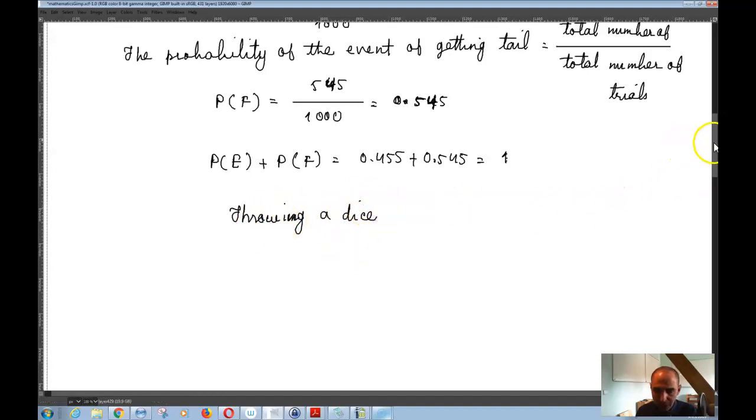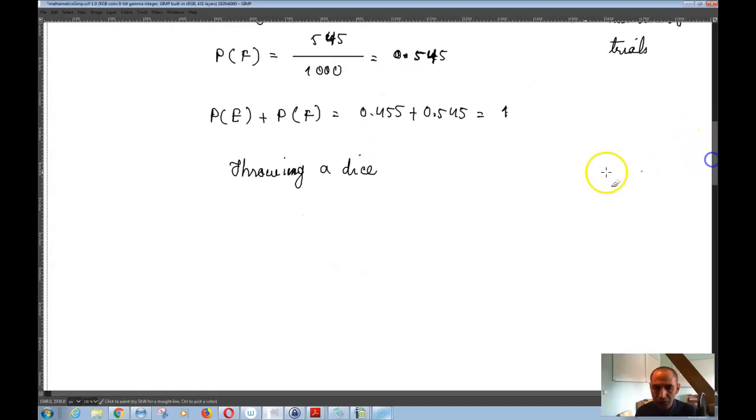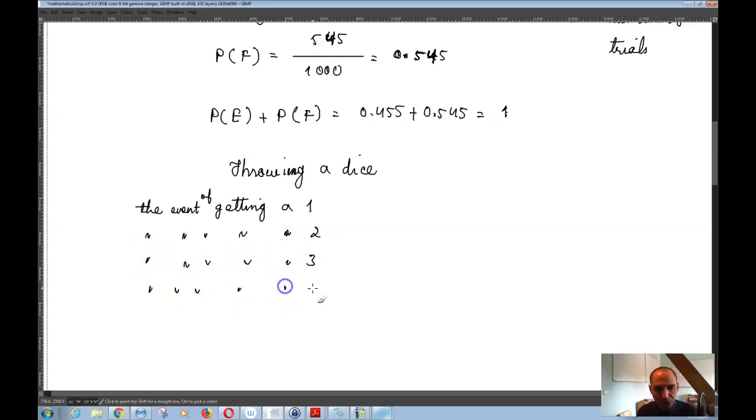In throwing a dice, as opposed to having two different possible events, the possible outcomes would be the event of getting a 1, the event of getting a 2, a 3, a 4, a 5, and a 6.